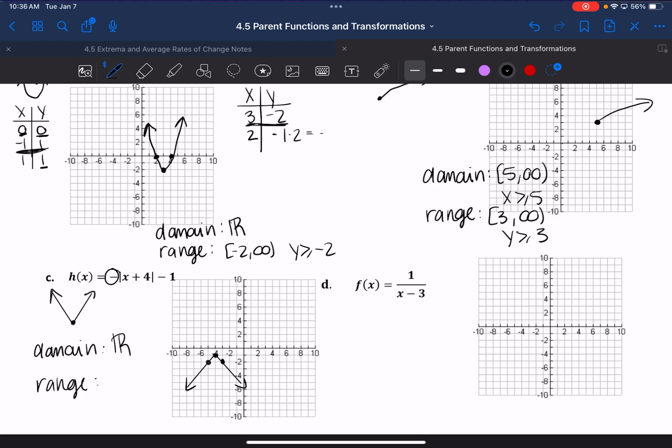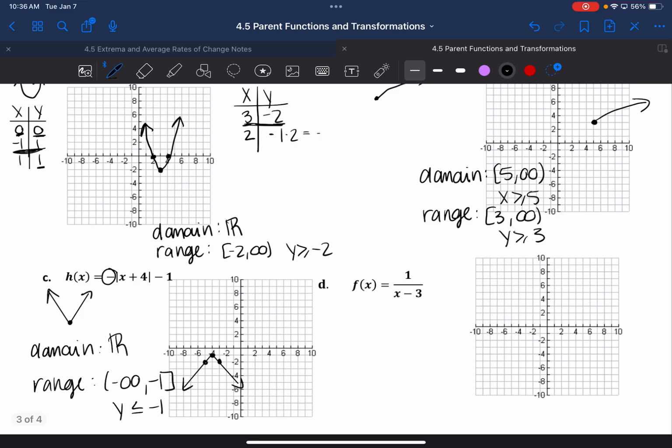We just start with the smaller of the two. So negative infinity to -1. Or we could also write that as y is less than or equal to -1, right? All right, last one.